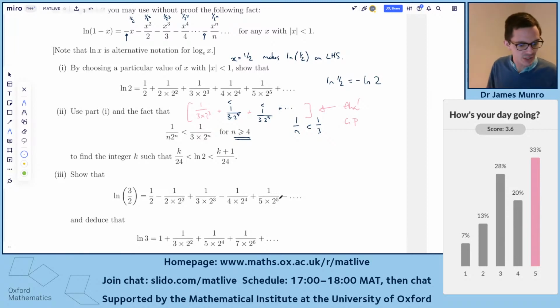I really like a good geometric progression. And add all of that up, and we just get some sort of nice fraction. And there's some mess around with some fractions, and it turns out that log 2 is smaller than 17/24.